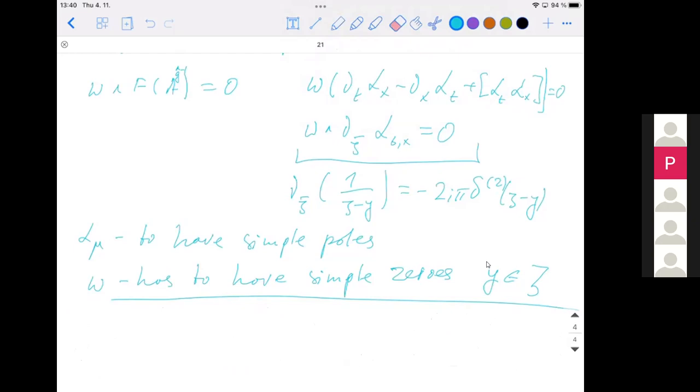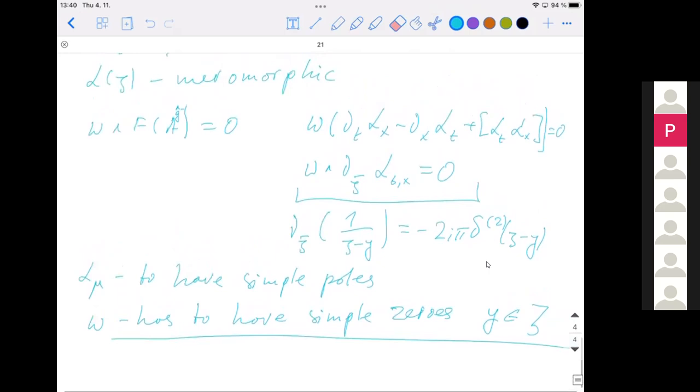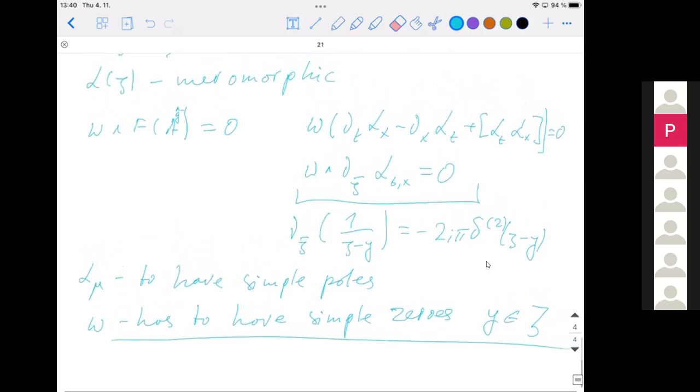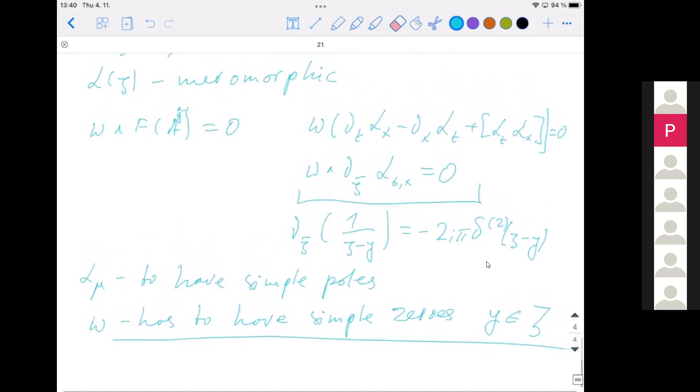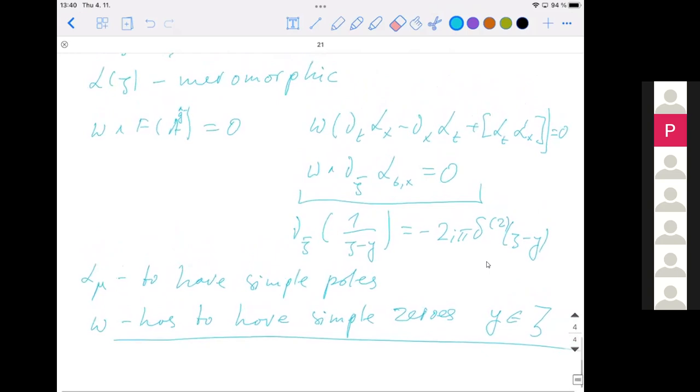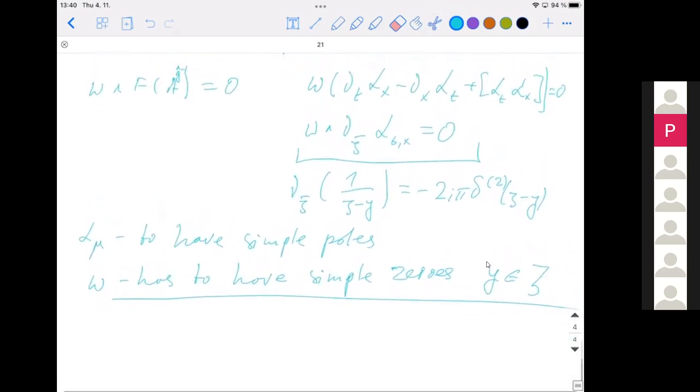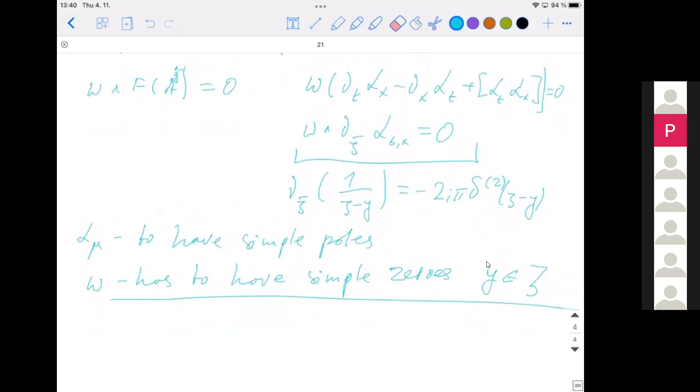Now, this meromorphic L, you can write it like this.